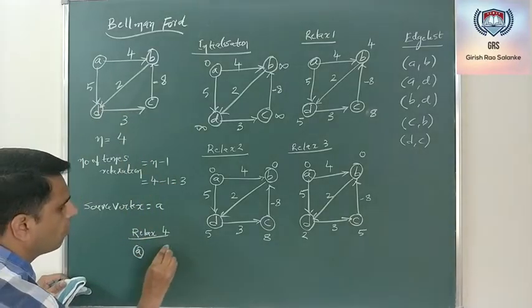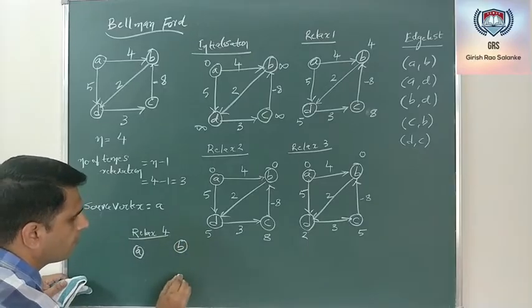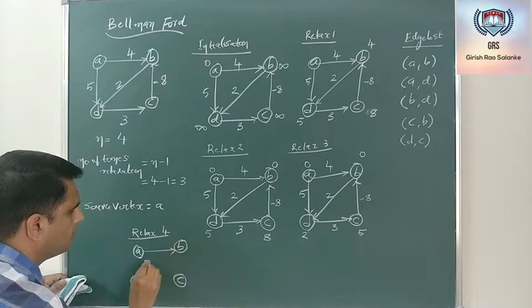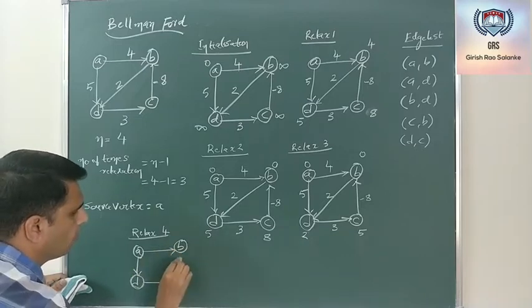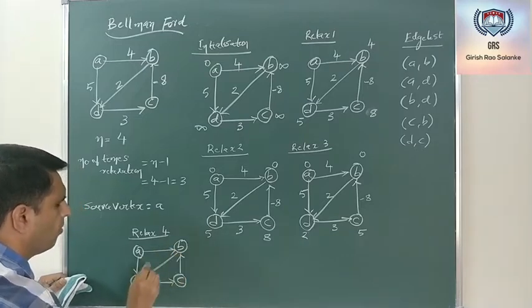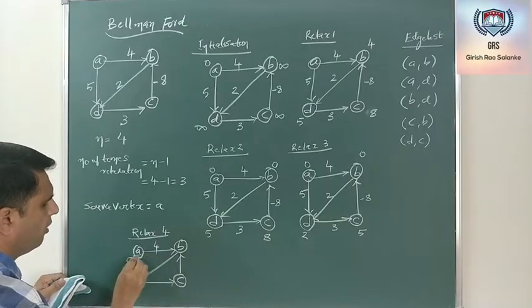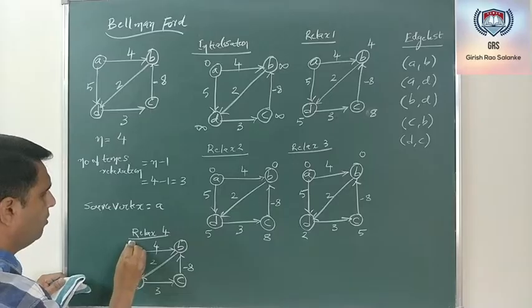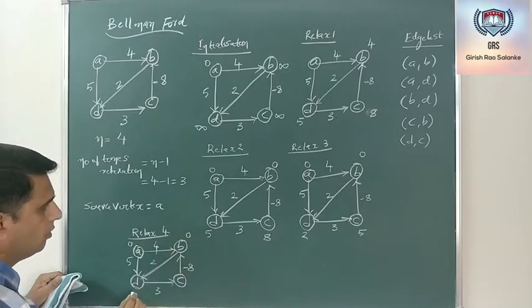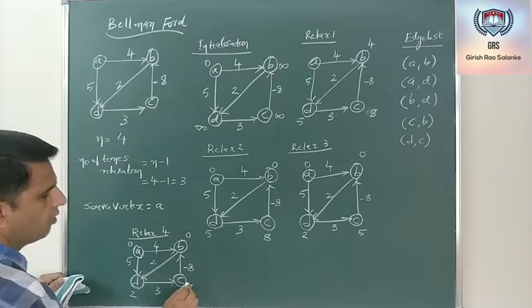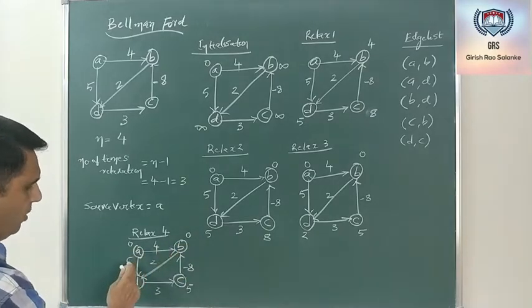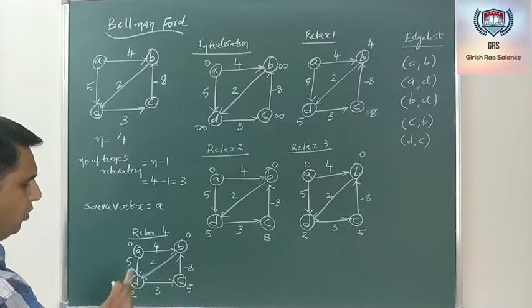A, B, C, D. The edge costs are 4, 5, 2, 3 and minus 8. What was the earlier value? 0, 0, 2 and 5. Now A to B: 0 plus 4 is 4, and 0 as it is. 0 plus 5 is 5, and 2 as it is.